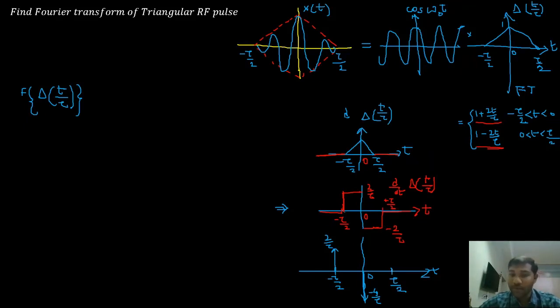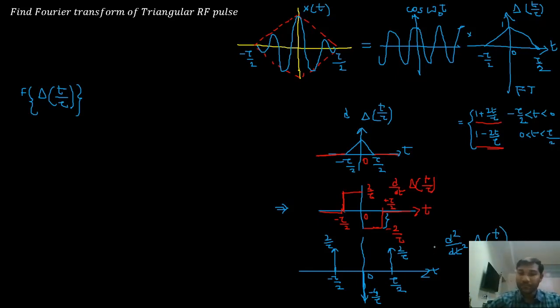So my impulse is again in the positive direction. What is the strength of the impulse? Whatever is here, that is 2 by tau. So this is d square by dt square of the triangular function, right?